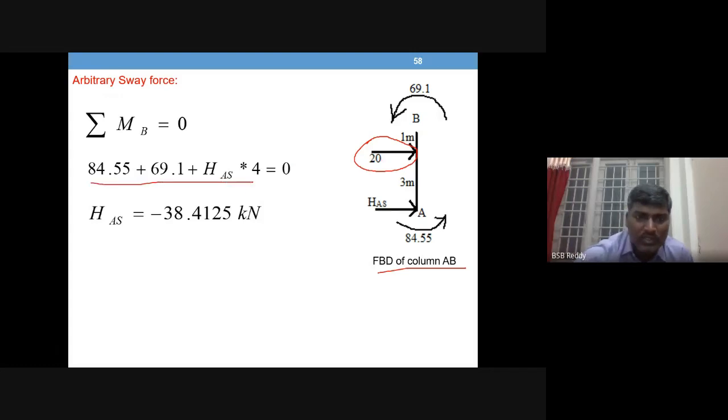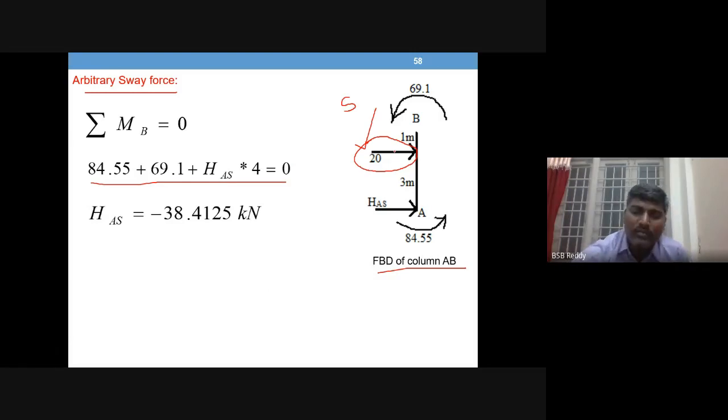You see in the equation the 20 is not appearing because it is already considered when you calculate S. As I said, loads shall be taken separately and sway dealt with separately. We are now talking about sway, so 20 will not come into the picture. It is drawn just to show the free body diagram.